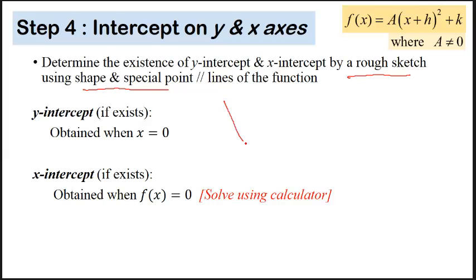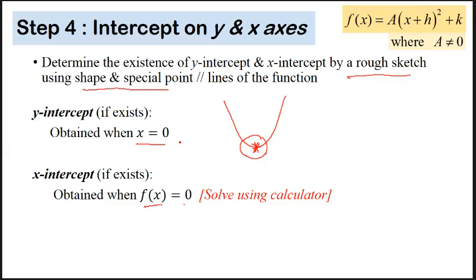For example, if I know this is the shape of the quadratic function and this minimum point is the special point, then using this point as reference, I should be able to identify whether my x and y intercepts exist or not. To get the y-intercept, we calculate by substituting x equals 0. To calculate the x-intercept, we solve using a calculator, considering the function equals 0.